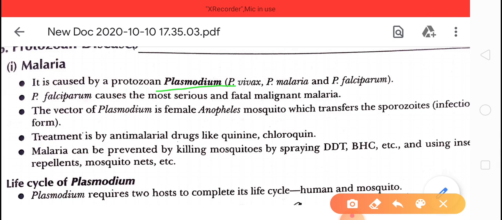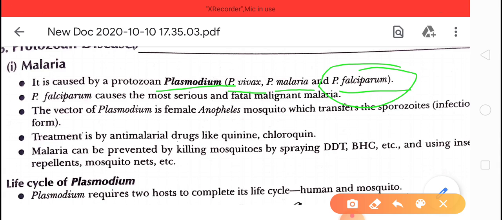Three species of Plasmodium, that is Plasmodium vivax, Plasmodium malariae and Plasmodium falciparum, are found, and these species are responsible for causing malaria. Plasmodium falciparum causes the most fatal form of malaria. It may cause the death of the organism also.